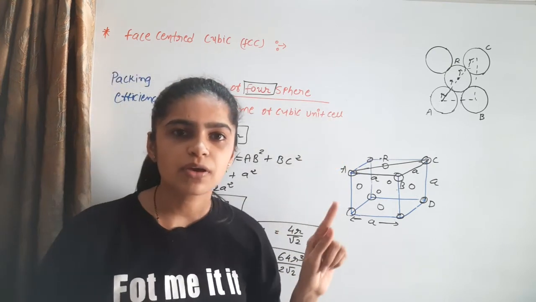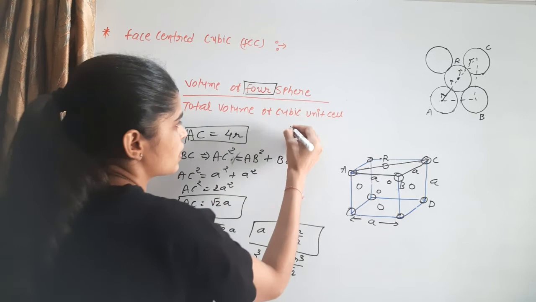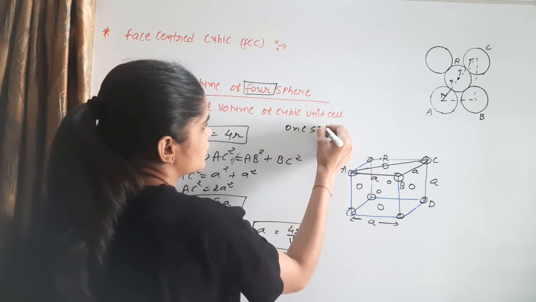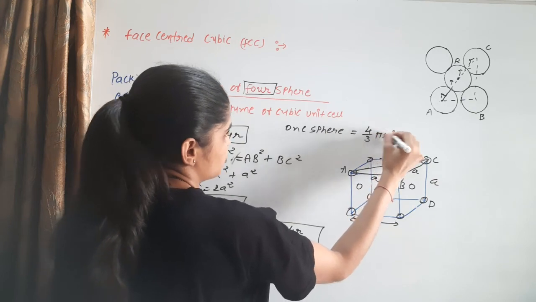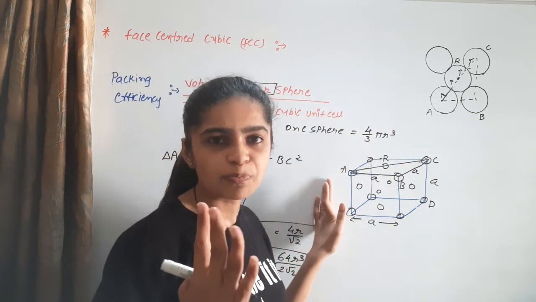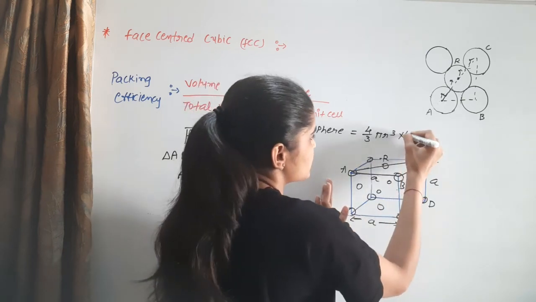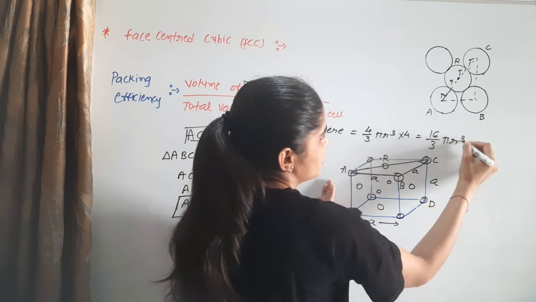The volume of one sphere is equal to 4 by 3 pi r cube. In this FCC, the total number of atoms is 4, so this multiplication by 4 gives 16 by 3 pi r cube.